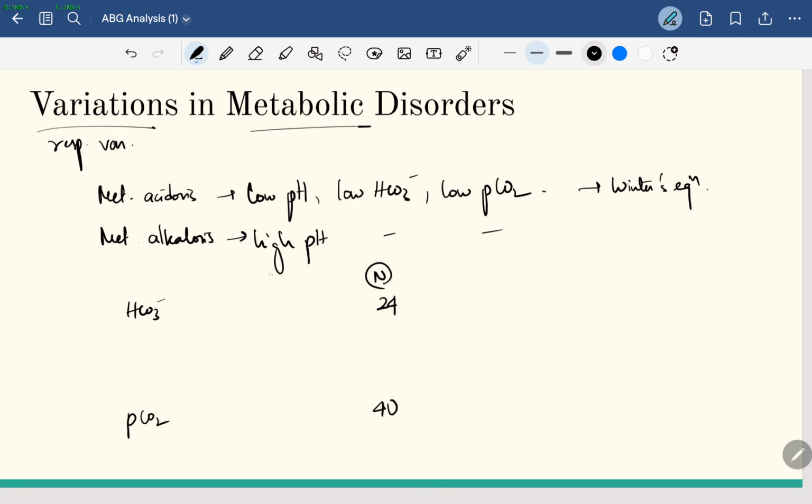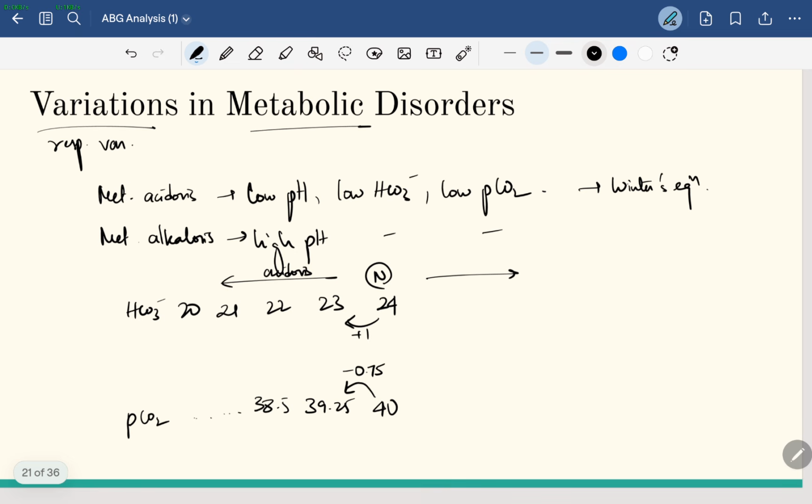Now, as you keep decreasing bicarb, this is of course acidosis. When you decrease bicarb subsequently, there will be a decrease in the PCO2 as well. And so for one decrease here, the decrease here is 0.75. So here that would be 39.25 and 38.5 and so on and so forth.